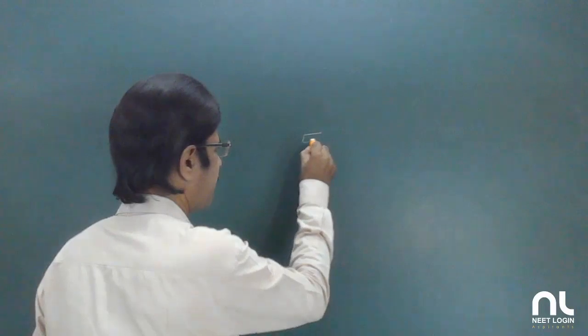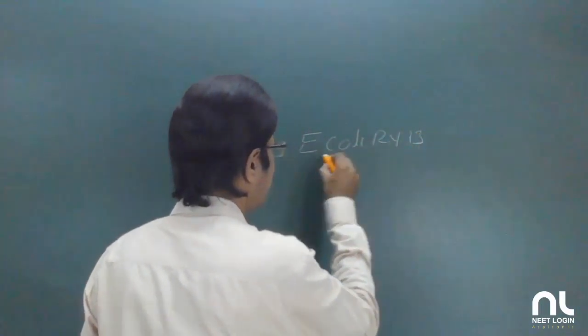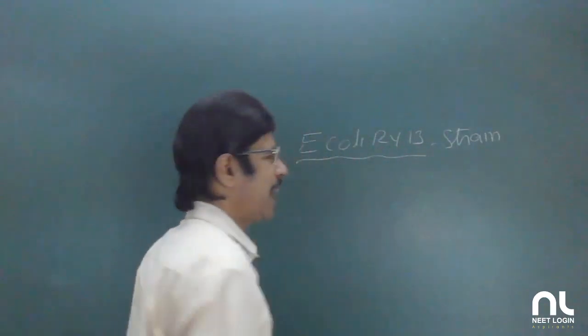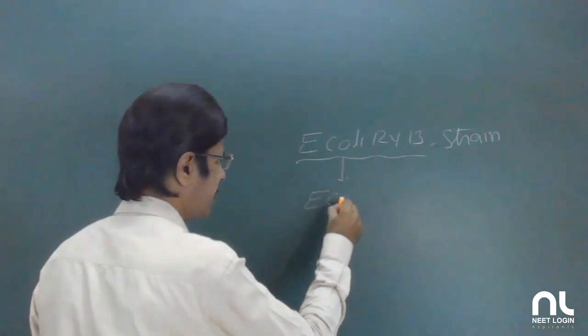EcoRI. Escherichia coli RY13 is a strain of bacteria. From this, what is extracted?